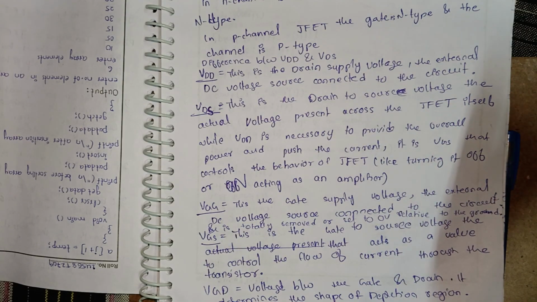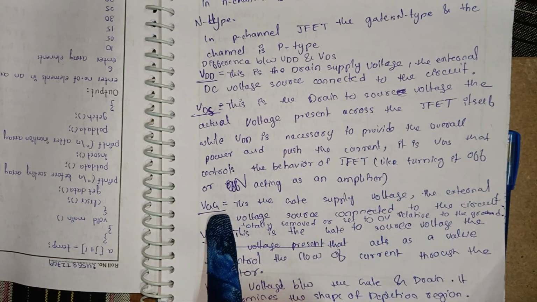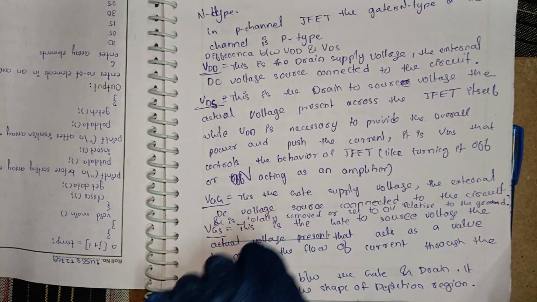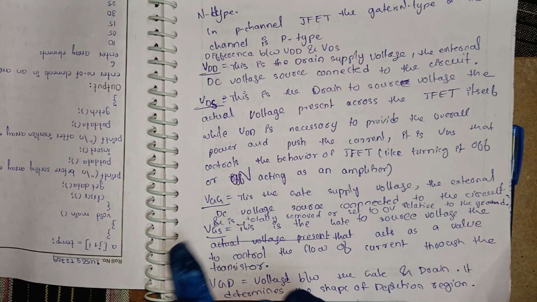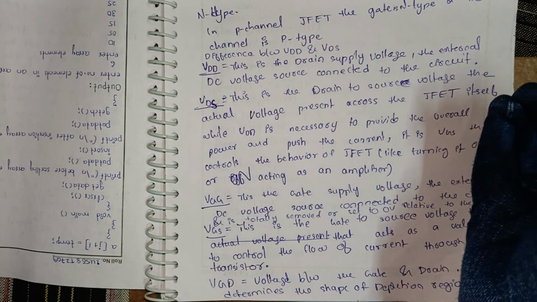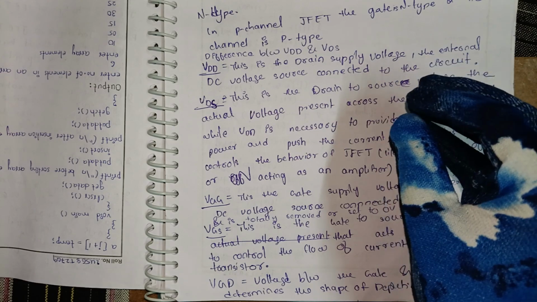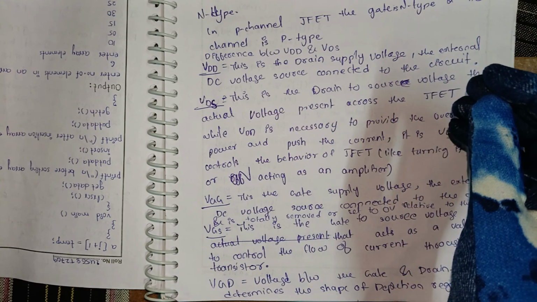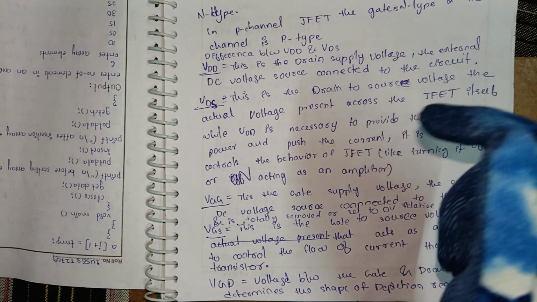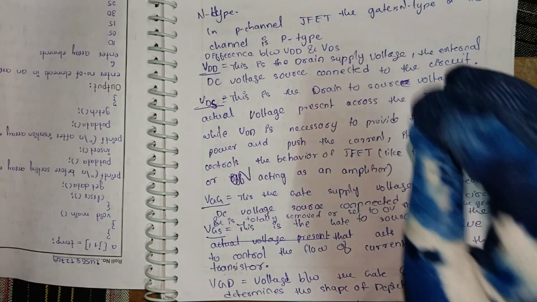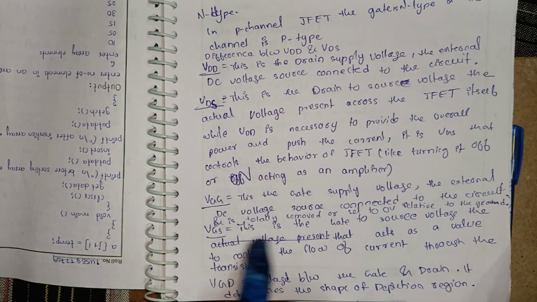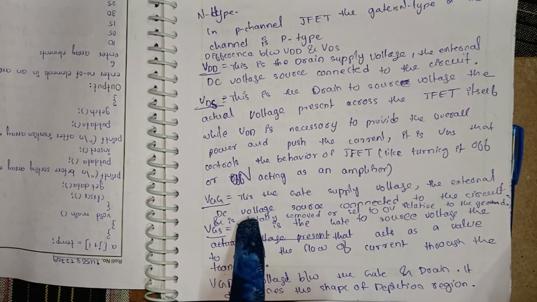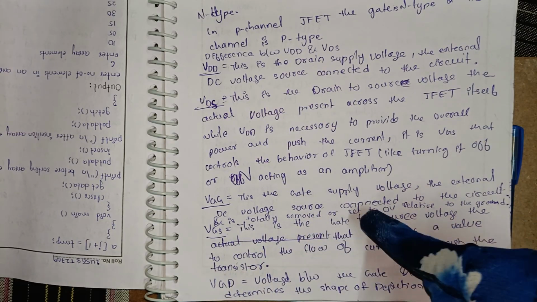In all other biasing, we don't have VGG. So where we don't have VGG, we totally remove it or set it to 0.